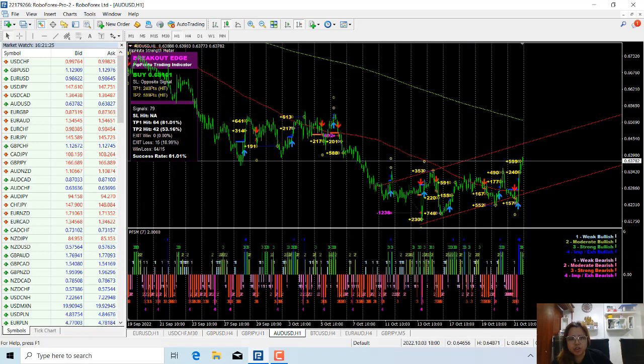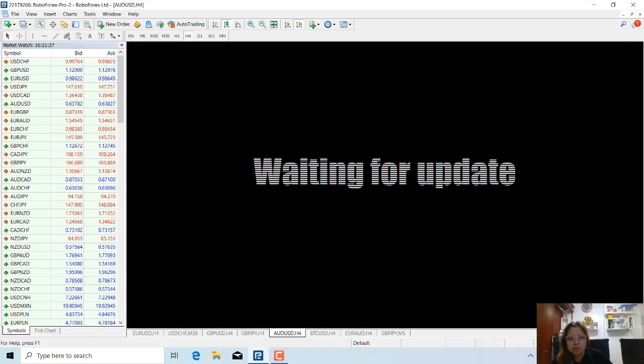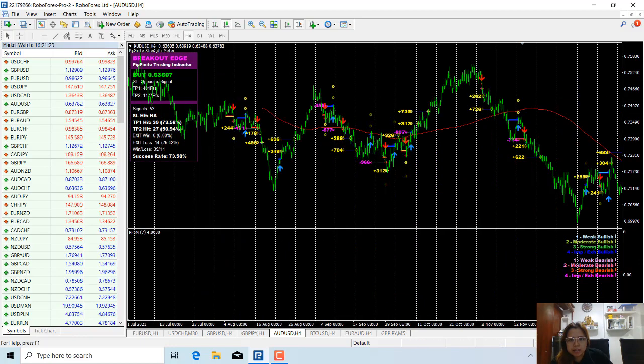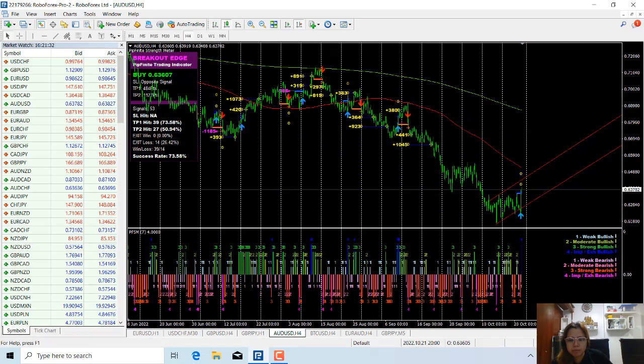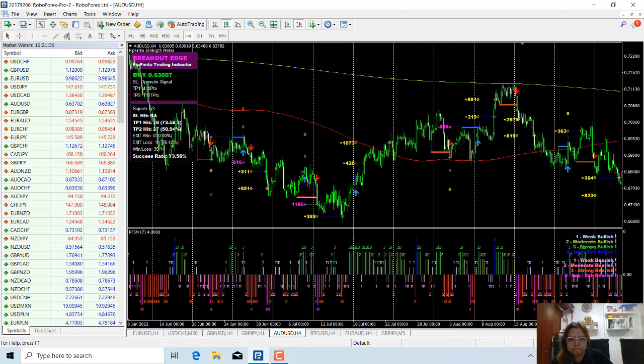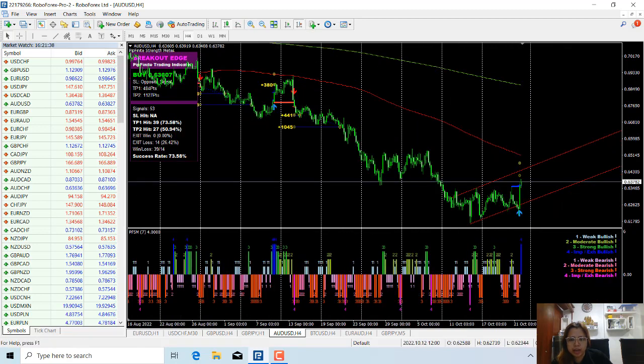And then for Australian dollar USD, let's look at the 4-hour time frame. The price has been closed in a channel, and it starts to create a higher high and higher low, and this is the higher high right here. So I will be expecting that this will still go until it touches the 200 SMA.